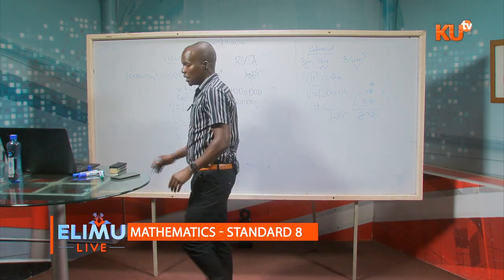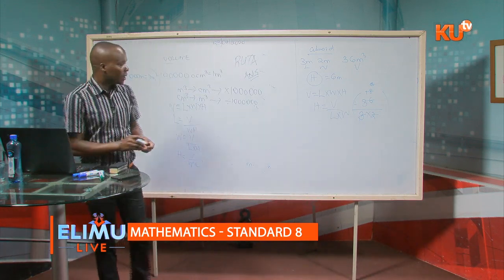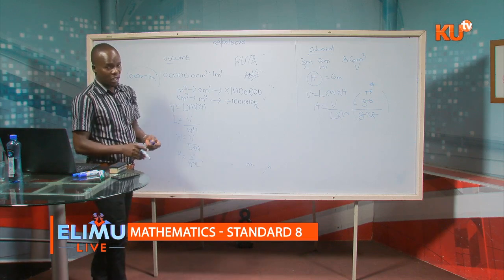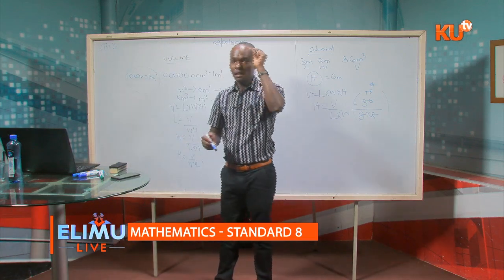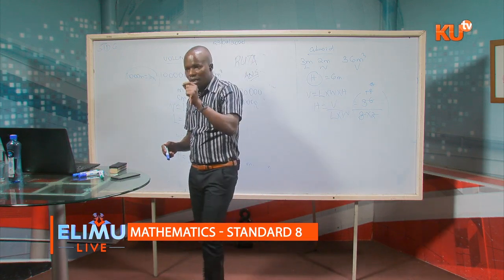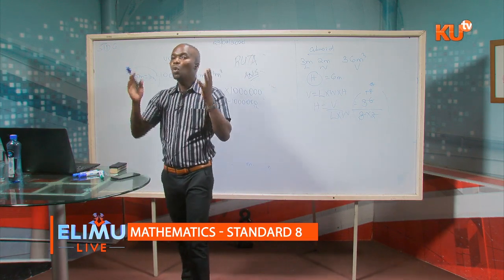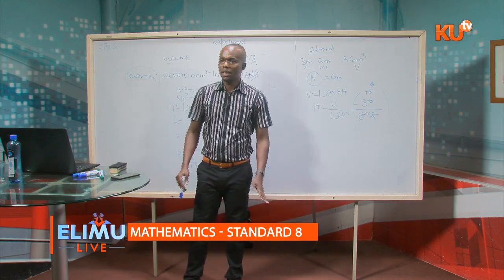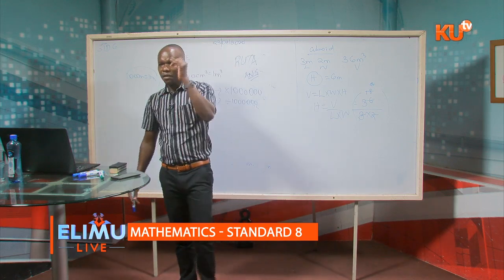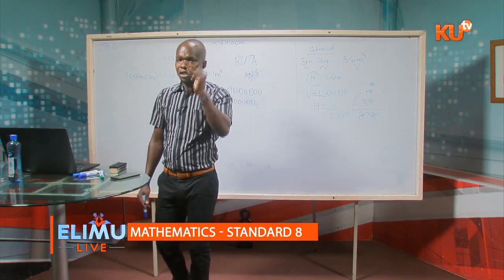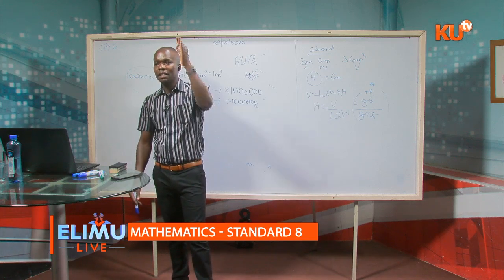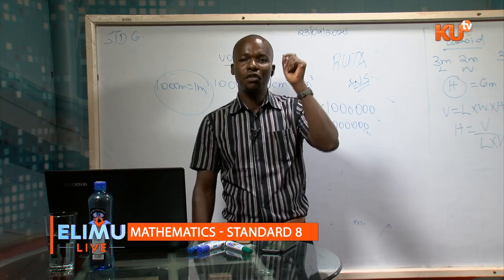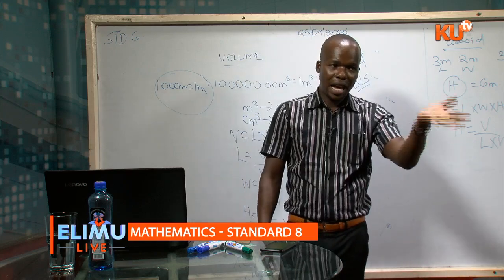So, I will leave you at that point and hope that the volume of a cube and a cuboid has been well understood, well taken in, the formula, the conversion, and even finding the missing measurements when you have volume and the others.